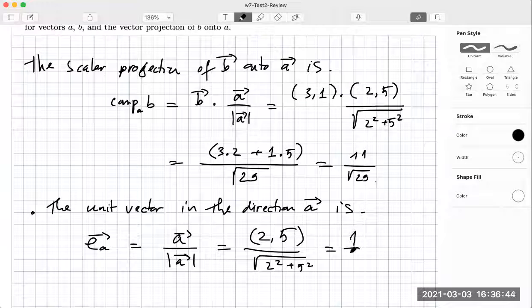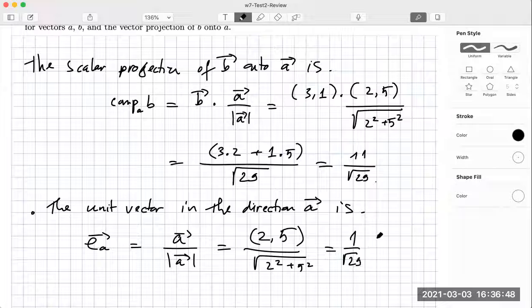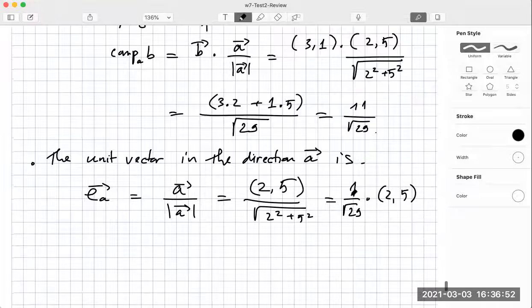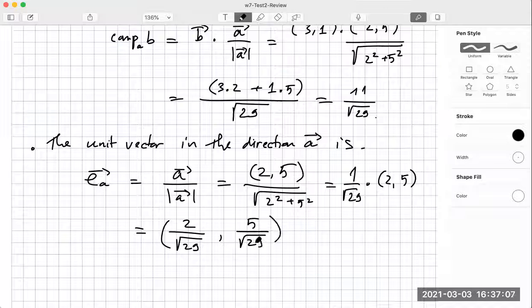Which is 1 over square root of 29 times (2, 5). This is a scalar times a vector. We can write it this way: 2 divided by square root of 29, comma 5 divided by square root of 29. They're the same things, okay?